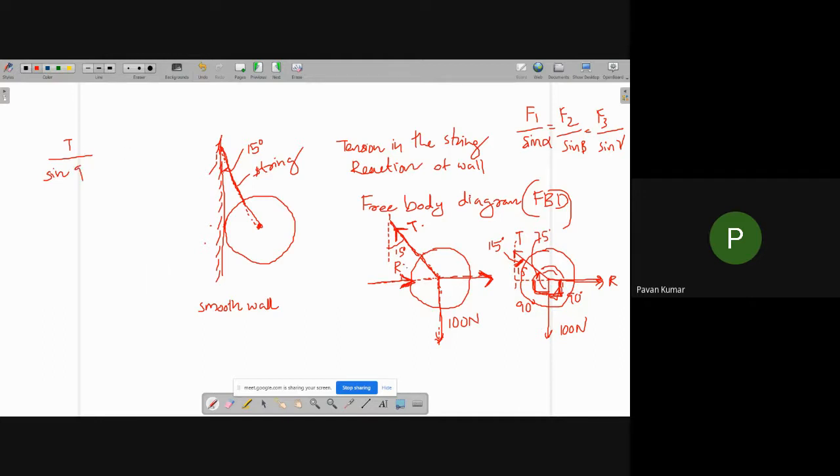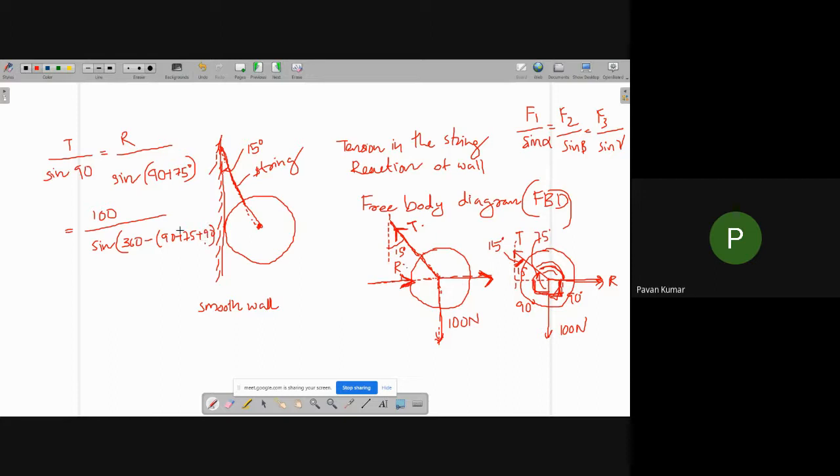So T by sine 90 equals R divided by sine of this angle, which is 90 plus 75, equals 100 by sine of this angle, which is 360 minus (90 plus 75 plus 90).